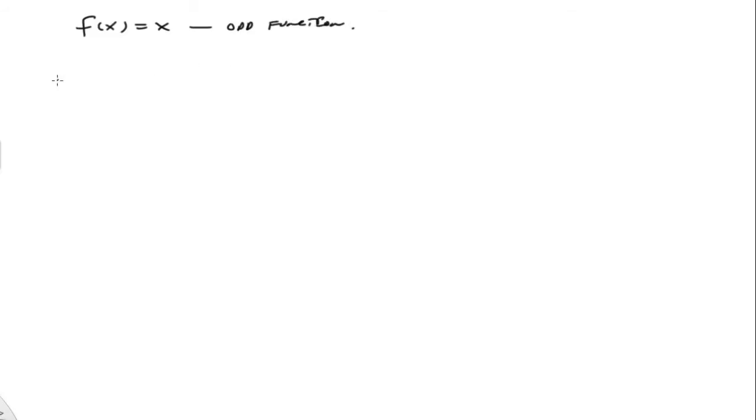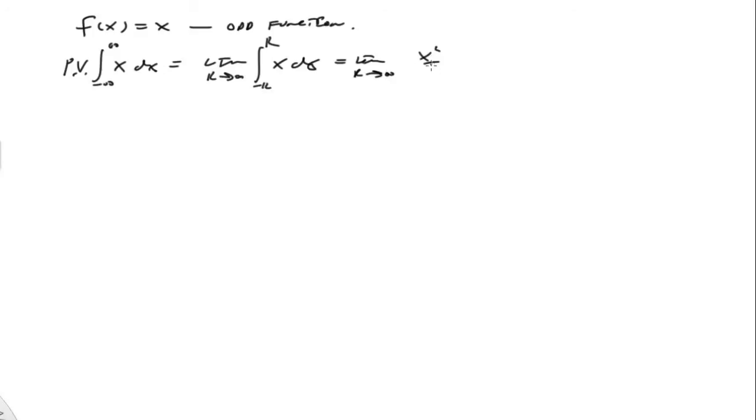Obviously the principal value integral of x dx is going to be equal to the limit as r goes to infinity of the integral from negative r to r of x dx, which is equal to the limit as r goes to infinity of x squared over 2, evaluated at negative r and r, which of course is 0, because for every r value, the difference when we evaluate it is just r squared over 2 minus r squared over 2, which is 0, always for every r. So taking r to infinity, it's always equal to 0.